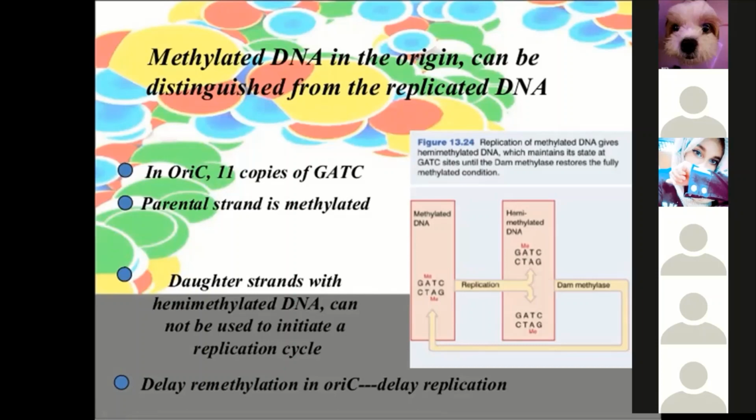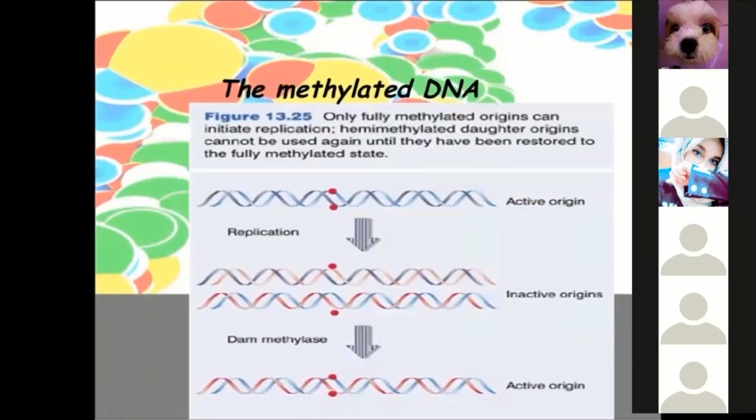So methylation of the newly synthesized DNA with the help of the methylase will stop replication; there won't be any replication until it gets methylated. Only a fully methylated origin can initiate replication. Hemimethylated daughter origins cannot be used again until they have been restored to the fully methylated state.